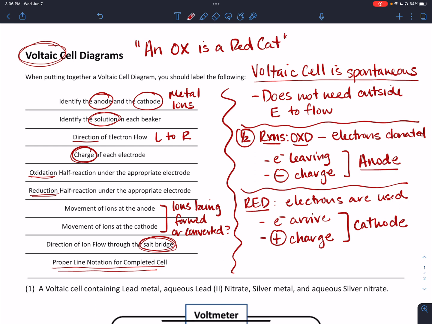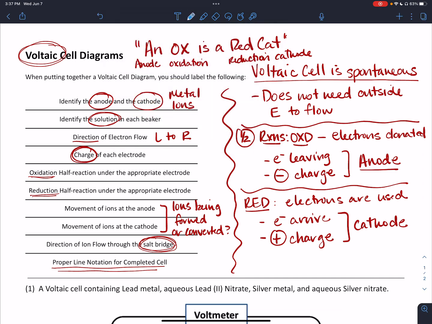What that means is the anode is first with oxidation, followed by the reduction at the cathode. It's just a cute little mnemonic to help. You don't have to use it. For me, I kind of like it.